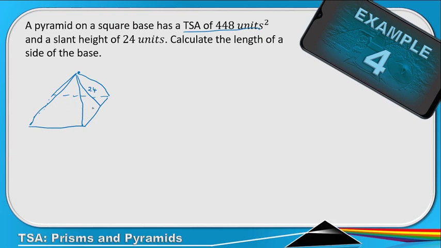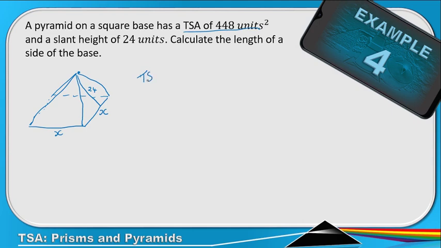Now we need to remember that this is a square base, so if we assign a variable there, we've got x. So length times breadth would be x times x, and x is the value that we are looking for. First of all, let's write out the formula that we would use to calculate the total surface area in terms of x.